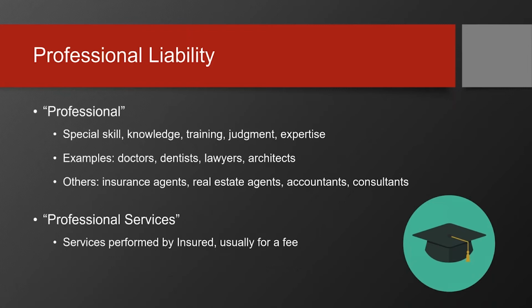That's the most important section of a professional liability policy form, the description of operations. So you want to make sure that what your client is doing is adequately described in the description of operations. Most often it's going to say, for example, employment agency services performed for others for a fee. That's very common language.